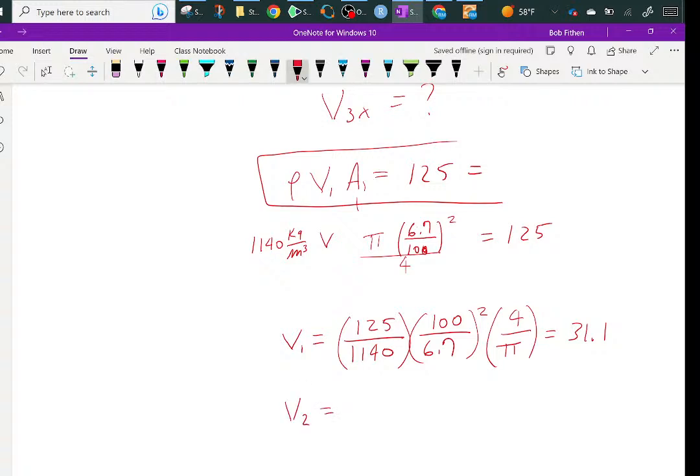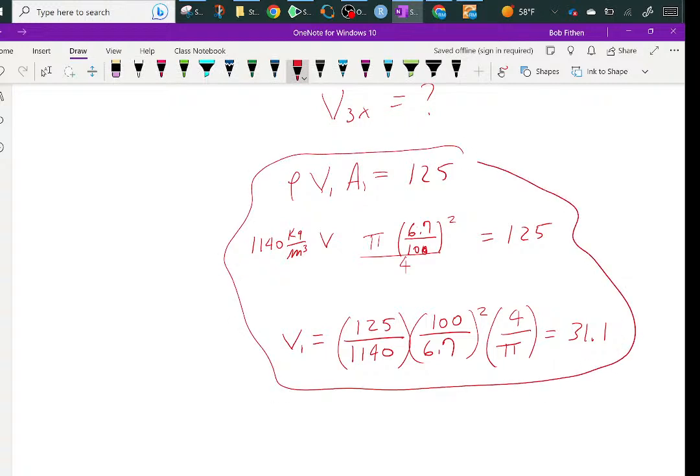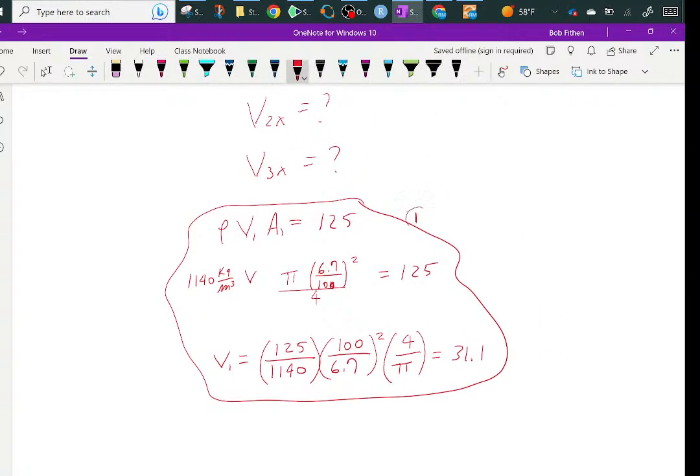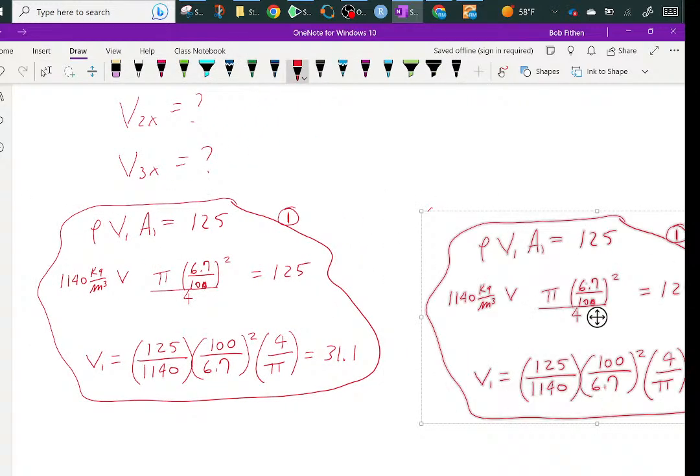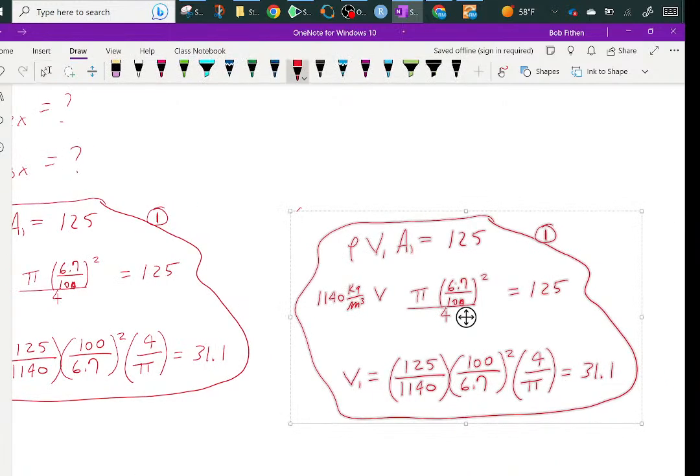V2. Okay, well, I got to do the same thing with V2. So you know what I'm going to do? Here's what I'll do. Put a little box around it, and I'm going to copy it and change some of the numbers. So this is with 1. So that I don't have to repeat myself so much, you do this right here and drop it there for 2. So this is for 2.